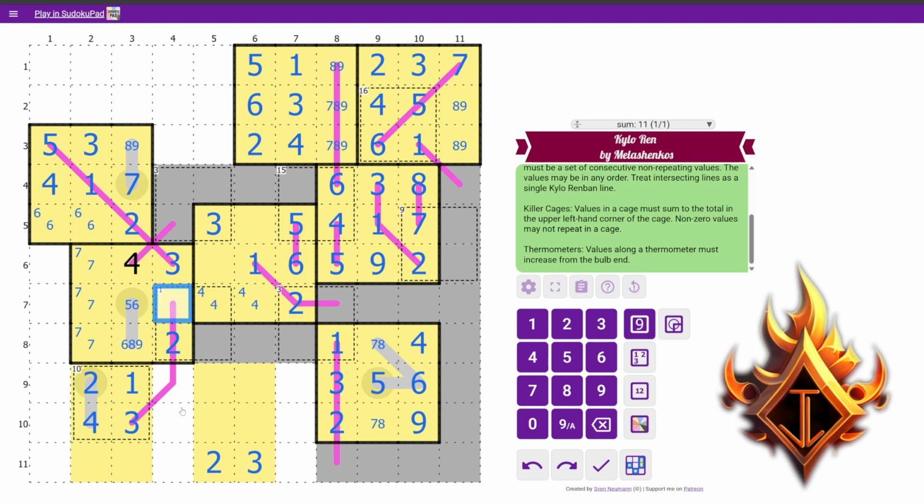No, if this is 1, that could be 0. If this is 1, that could be 0 or 4. And if this is 5, then that would be 4.